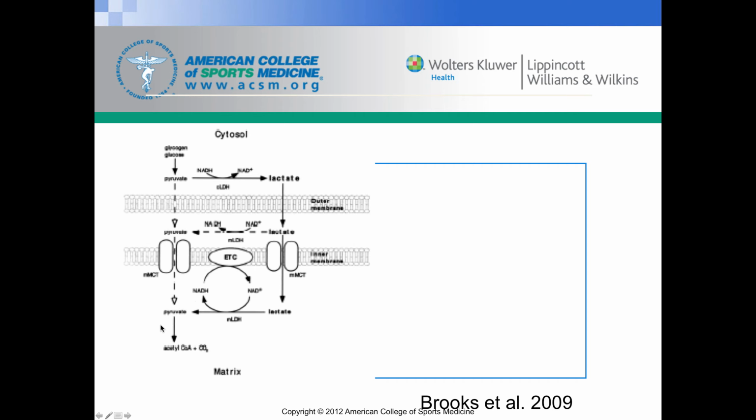Pyruvate can come in, but also lactate can come in. What was discovered is a muscle form of lactate dehydrogenase enzyme that can convert lactate to pyruvate, which can then go to acetyl-CoA, enter the citric acid cycle, and be further oxidized.